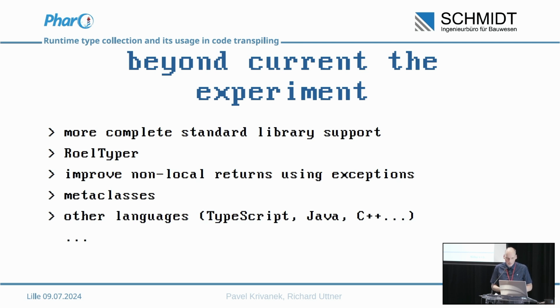We also maybe will try to change metaclasses so that they create real objects and work with them, and maybe try experiments with other languages like Java, TypeScript, or C#.